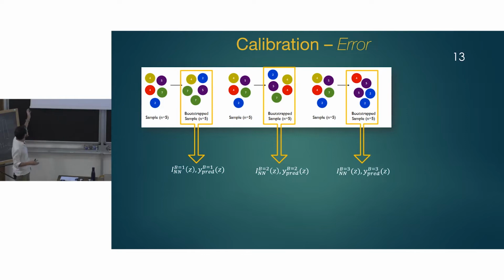You start with a sample, and then you sample with replacement a fixed number of data points, so you could also sample the same point multiple times, until you arrive at the same size as the original data set.